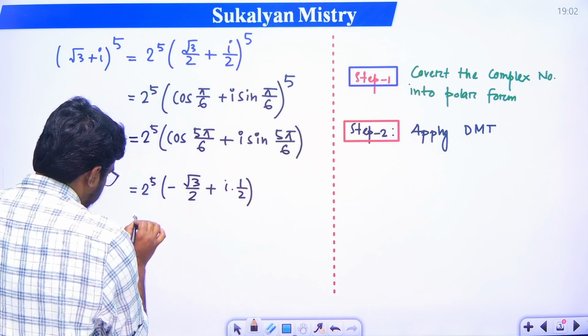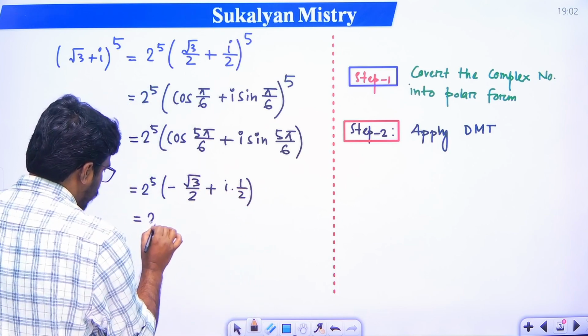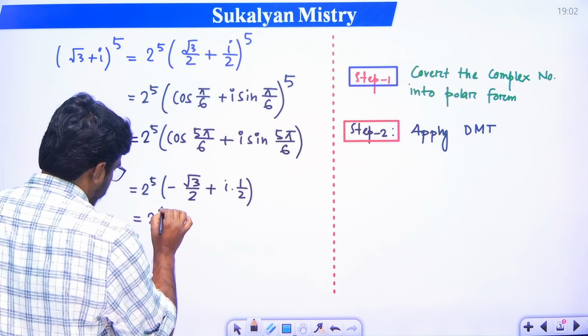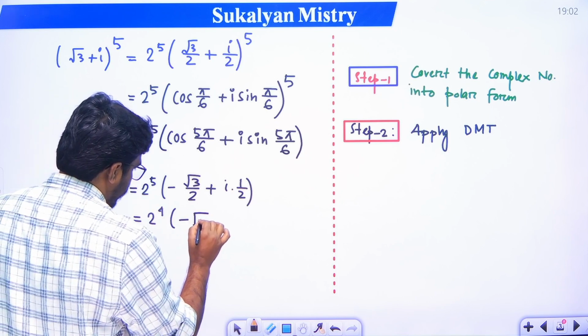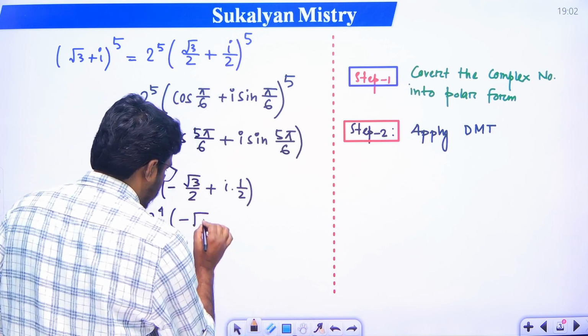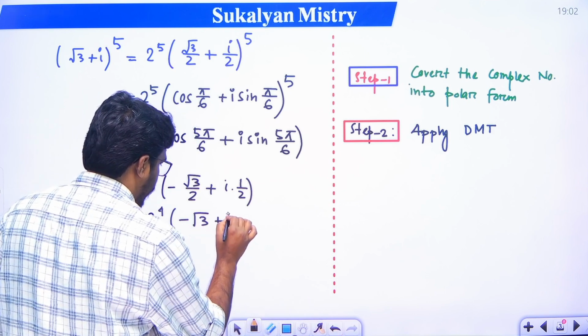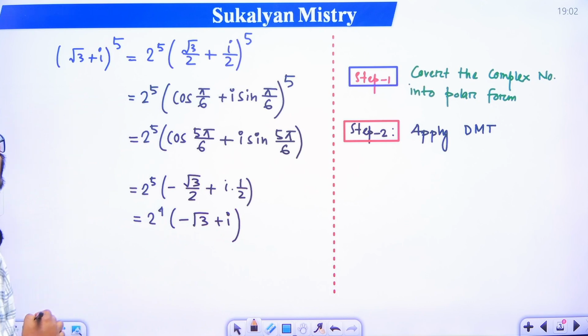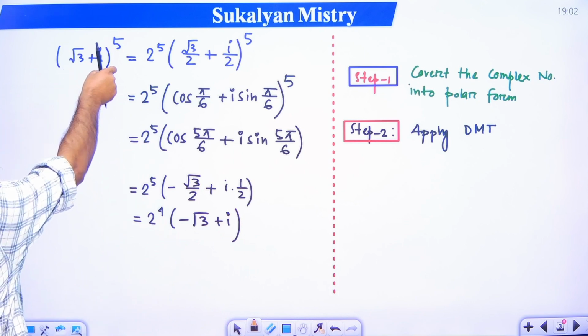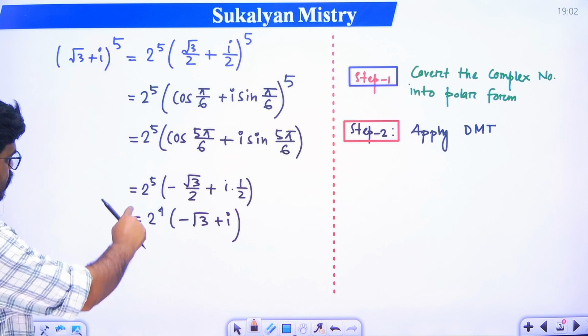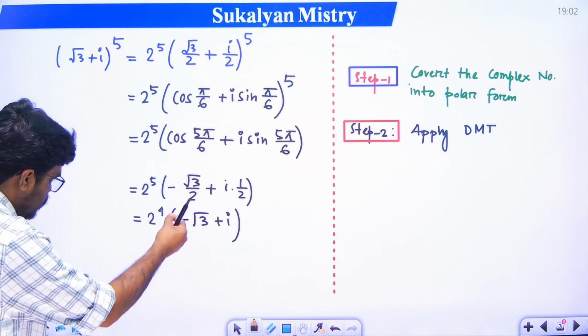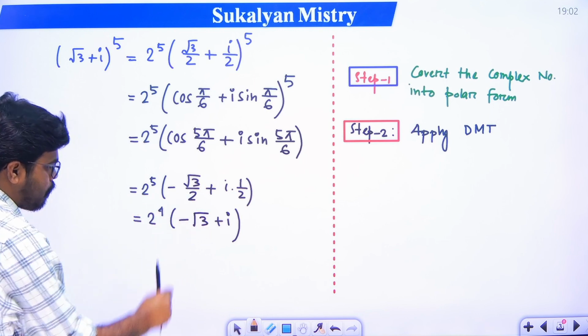If we take 1 by 2 common, what do we get? That means 2 to the power 4 into (minus √3 plus i). So (√3 plus i) to the power 5 is 2 to the power 4 into (minus √3 plus i).